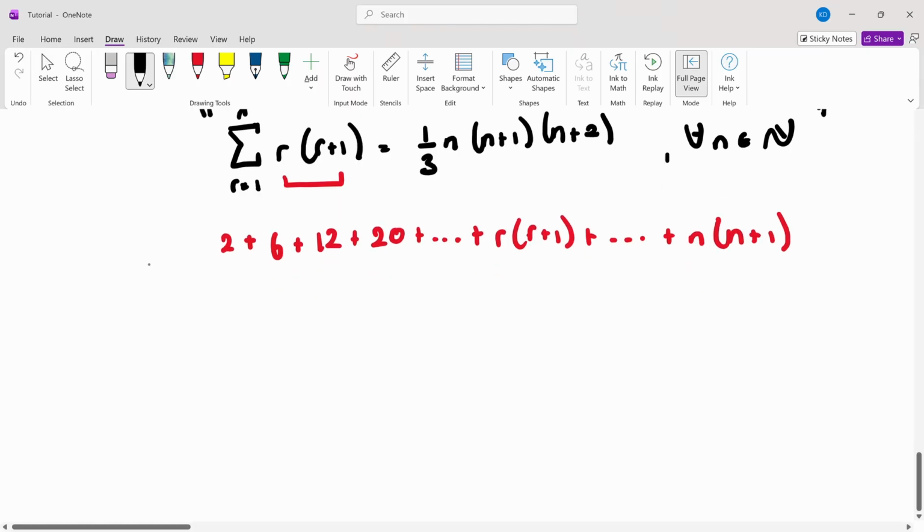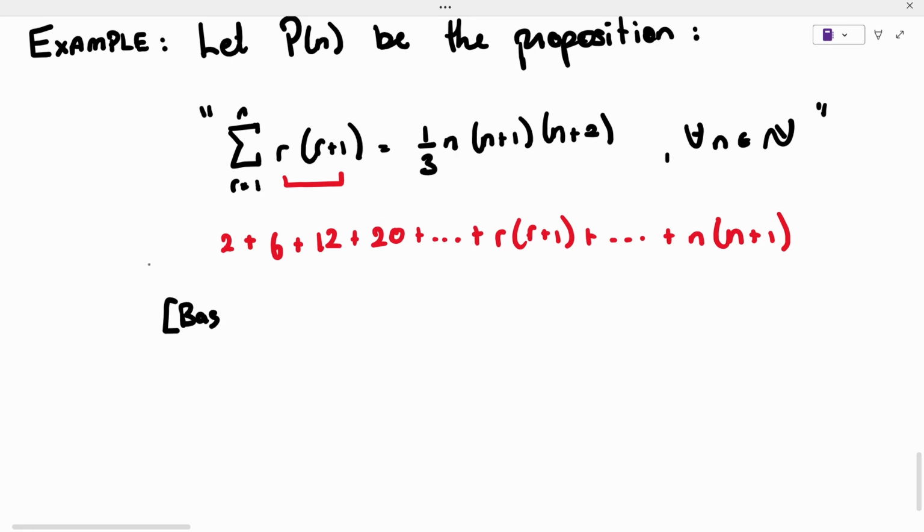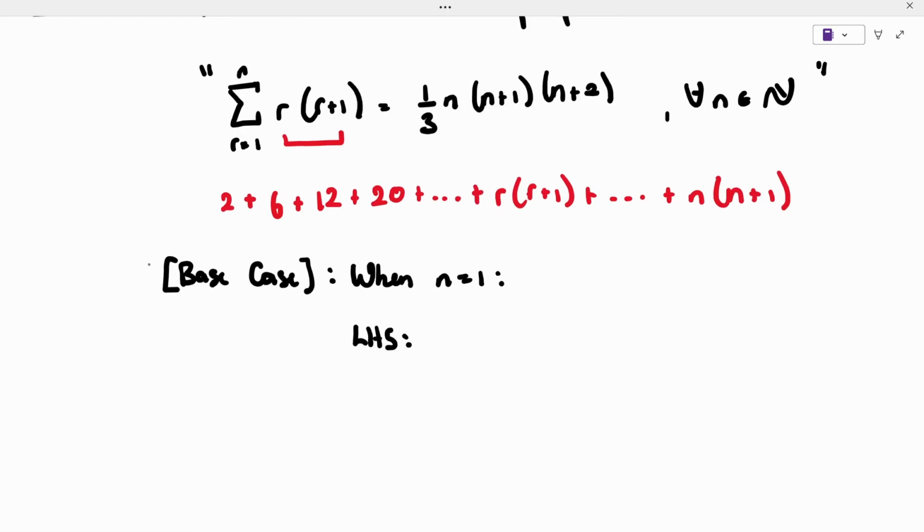So we need to show our base case, same format, right? Natural numbers, counted numbers, when n is equal to 1, what do we have? What is the left-hand side here? The left-hand side is going to be the sum of the first term, which is actually just 2, as we wrote out here. The right-hand side, we substitute n as 1.